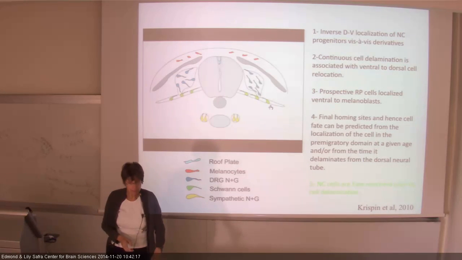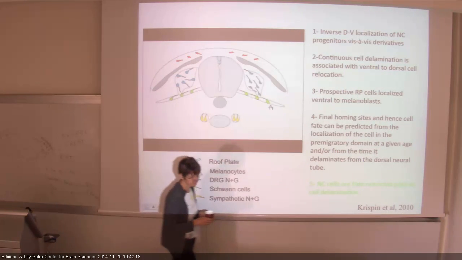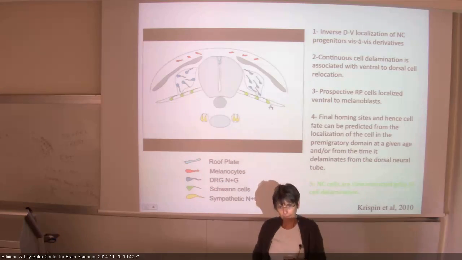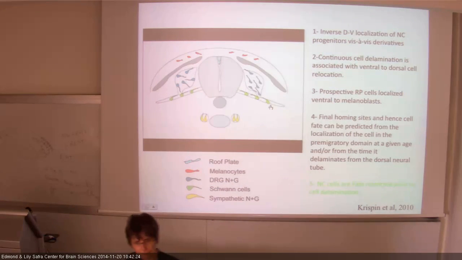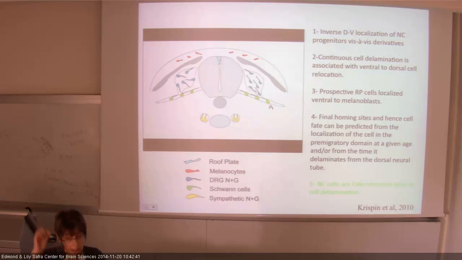So we just saw that at least we can know for when the progenitors are leaving the place, so they are already determined. I would say restricted, because we really do not know, for example, when we map a single cell in the dorsal tube and they go to the DRG, they will still give rise in the DRG to neurons and glia.